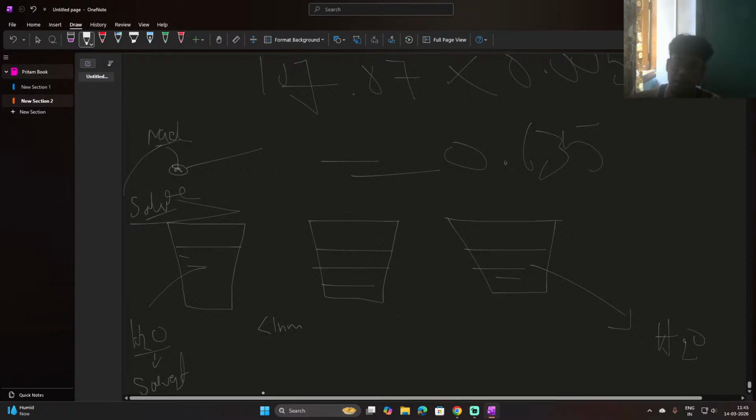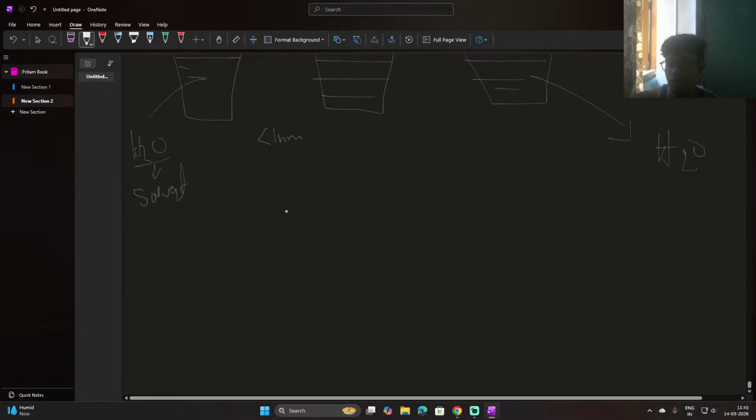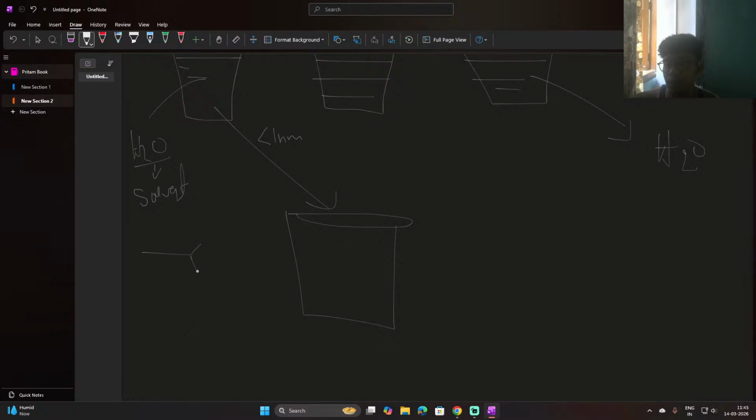You can guess that you cannot see the solution with the naked eye, and if you pass a light through it, it will clearly pass directly, no other thing will affect it.